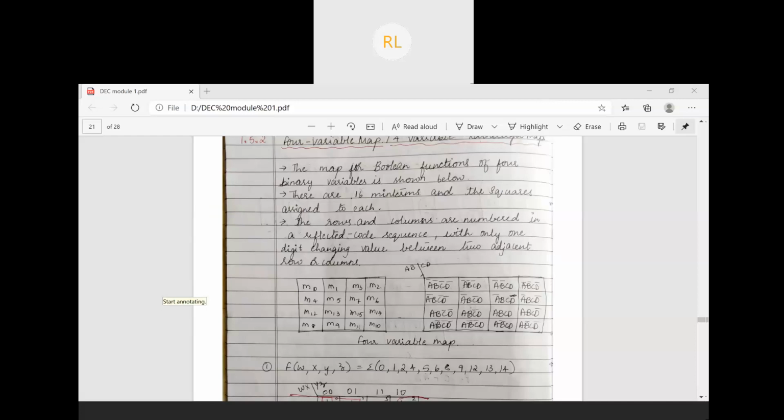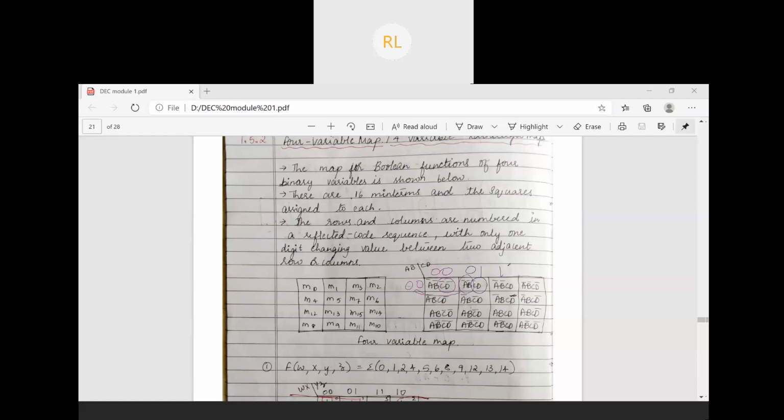See, 0, 0 I'll be taking here. So since I have A bar and B bar here, both have a bar, I have to satisfy that, right? So it should be 0, 0. And then this 0, 0 is already here. I have C bar D, right? So this C bar D means what? 0, 1.